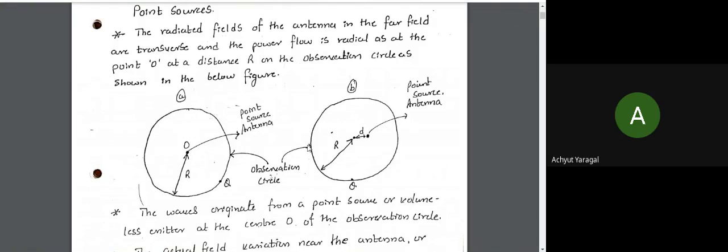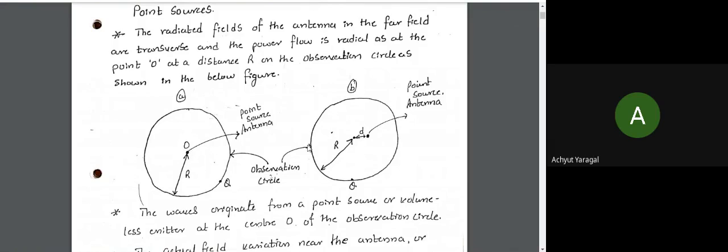In the near field, the power flow from the particular point source will be radial in nature. In the far field, the same power flow depends somewhat on the distance.